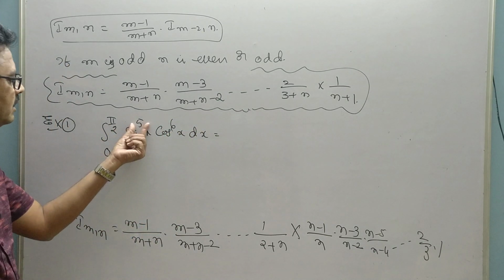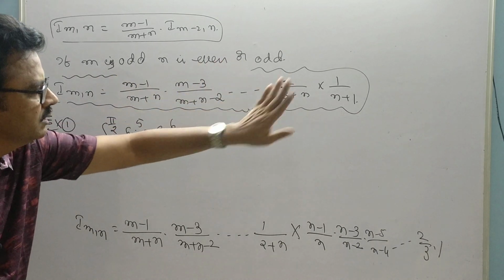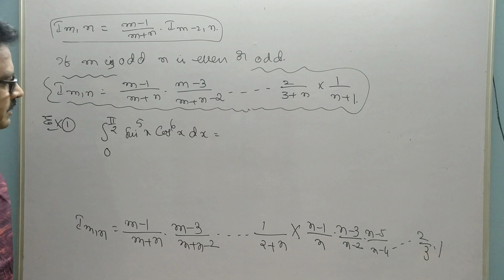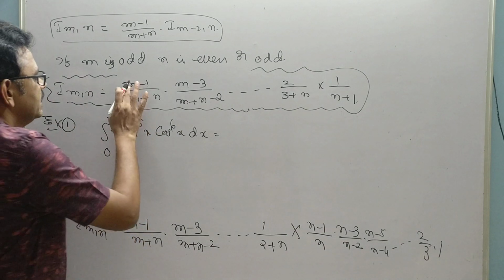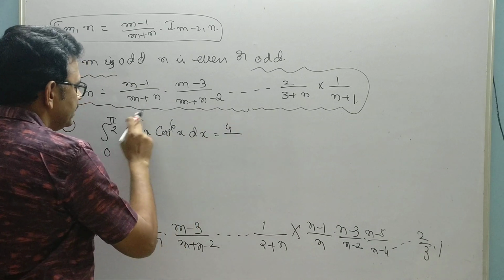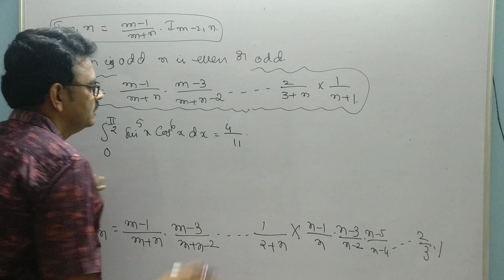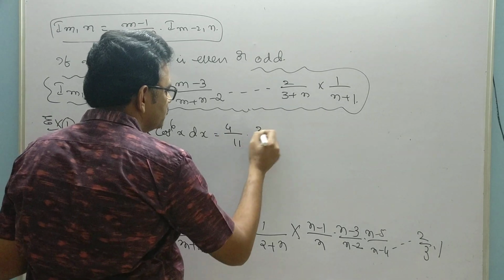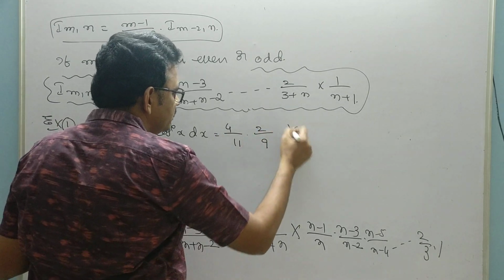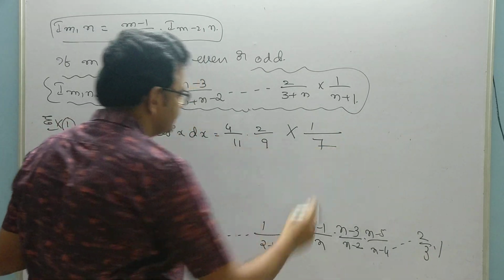Here m is odd, n is even or odd, at last you get 1 by n plus 1. What about m minus 1, 5 minus 1, 4 by m plus n, 11. Next one, write two terms less: minus 2, 2 by 9 into 1 by n plus 1, 6 plus 1, that is 7.